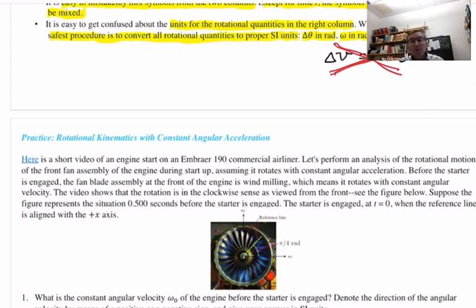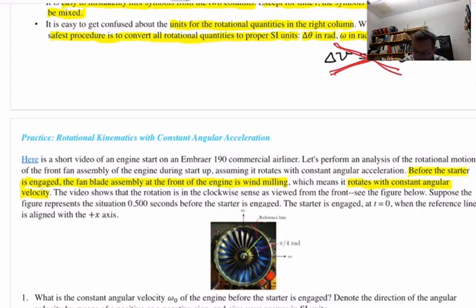Now, before the starter is engaged, the fan blade assembly at the front of the engine is doing what we call windmilling. All that means is it's rotating with constant angular velocity. Not speeding up, not slowing down, just turning at a constant angular rate.